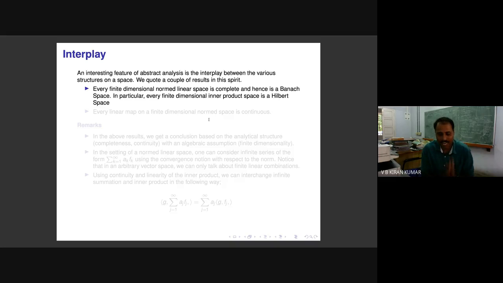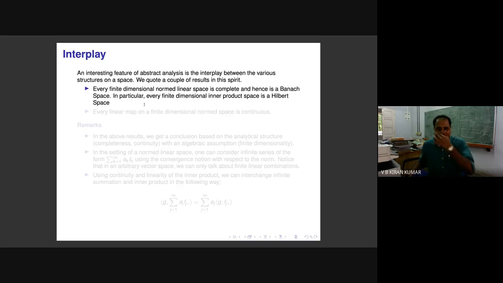Now, a very large part of functional analysis is the interplay between these different kinds of structures: algebraic structure, topological structure, analytic structure, and the geometric structure. So that is the more interesting part of this. So let me give a couple of results in this spirit. One result is that every finite dimensional normed linear space is complete, and hence is a Banach space. And in particular, every finite dimensional inner product space will be a Hilbert space.